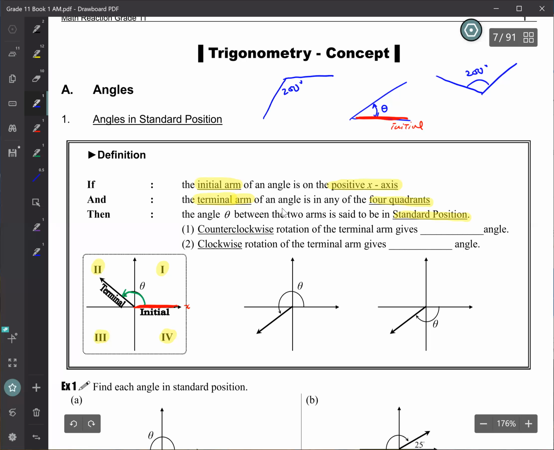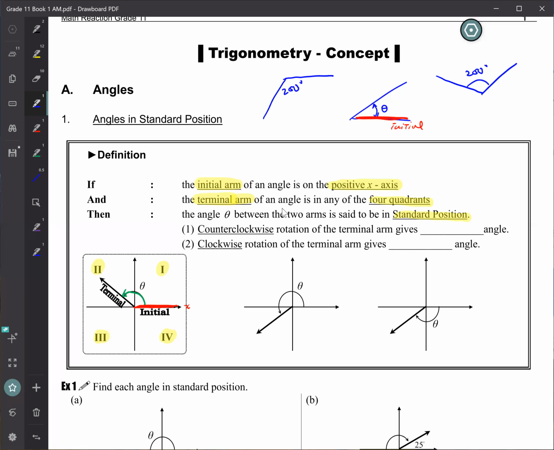All of them are 200 degrees, but they are rotated. It's not standard. Then it will be difficult for us to communicate. So we need a standard way so everyone has the same picture. When everybody draws the 200 degrees, it all looks the same.